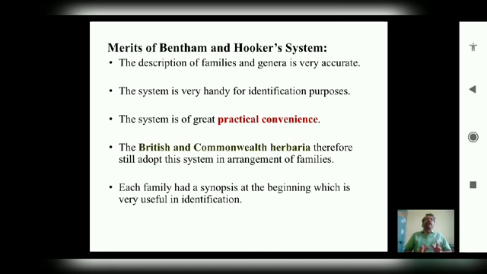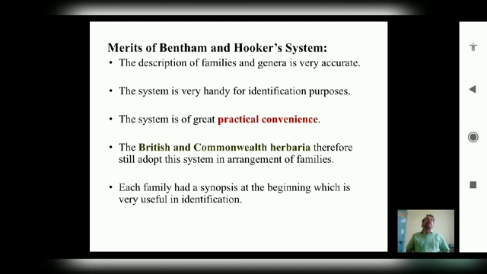So coming to the merits of Bentham and Hooker system of classification, the description of families and genera was very accurate. The system is very handy for identification purposes. The system is of great practical convenience.